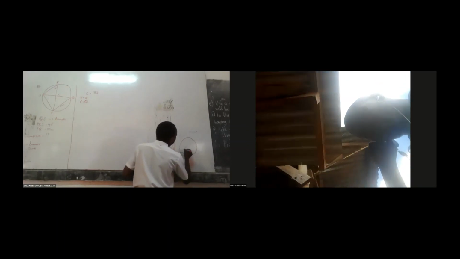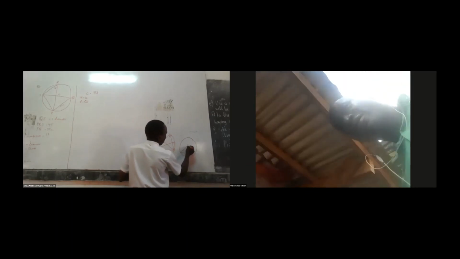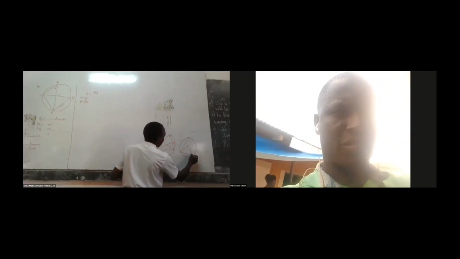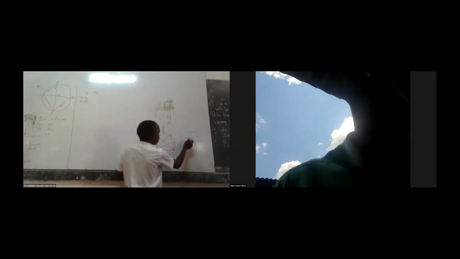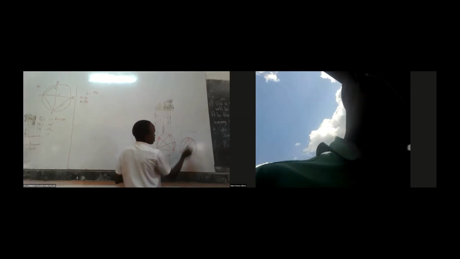From the circle property that says a chord of a circle subtends an angle at the center of the circle, this is the center, and subtends another angle at the circumference here, the angle at the center is twice the angle at the circumference.